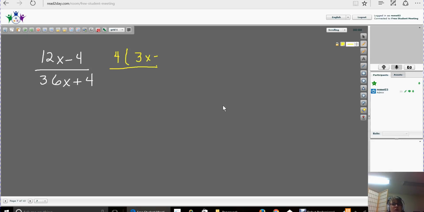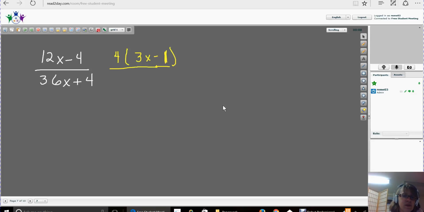We're always going to want to throw something like this at you. 4 divided by 4 is 1. We want to make sure that that placeholder is there because this is certainly different than that. If we distributed everything out, this would get us back to the 12x minus 4. This would just get us back to the 12x. So I'm going to delete that so you don't get confused.